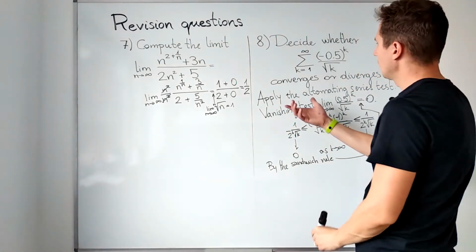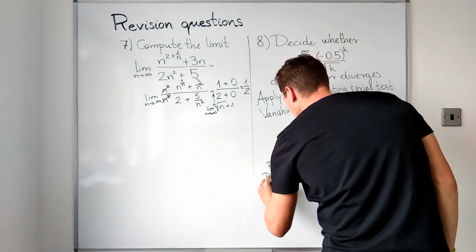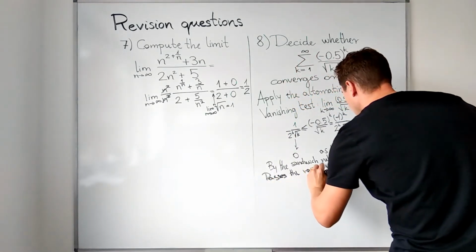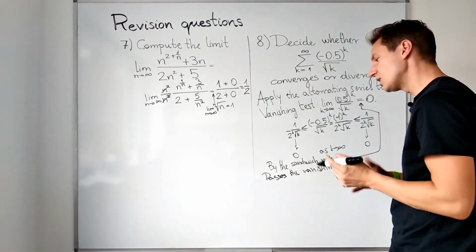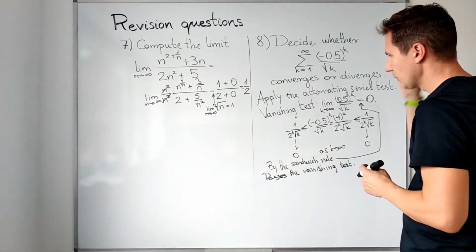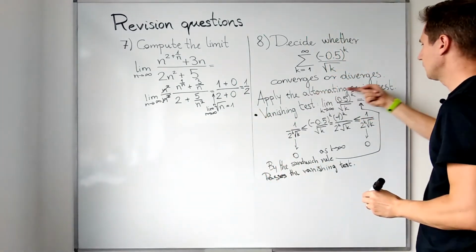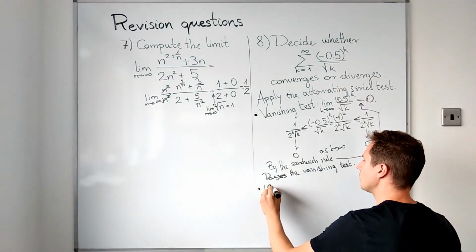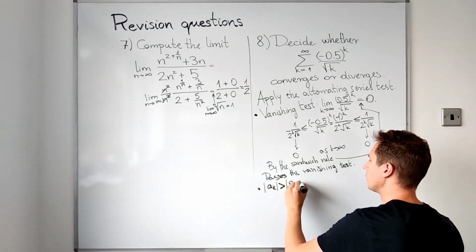Meaning that our infinite series, this alternating series, passes the vanishing test, which means that it could converge. We still have to look further at the next condition in the alternating series test, and that is to establish that the terms in the general sequence will be decreasing in absolute value.